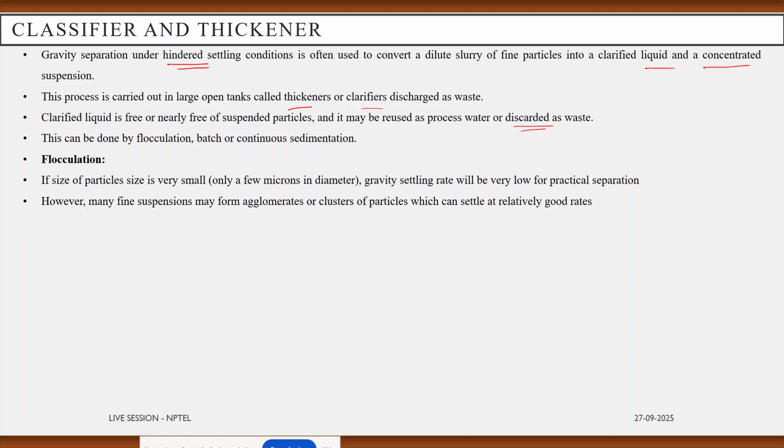However, in many cases, they automatically form agglomerates or clusters of particles which can settle down at a much quicker rate.